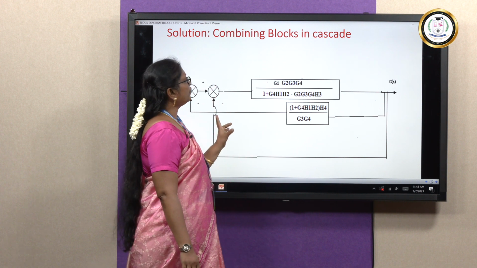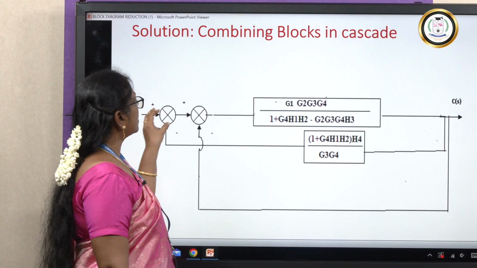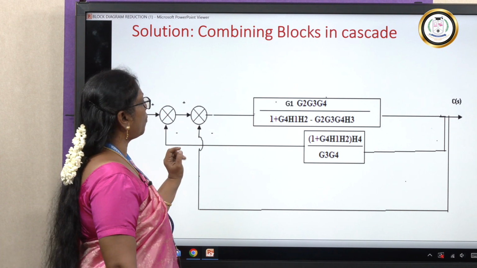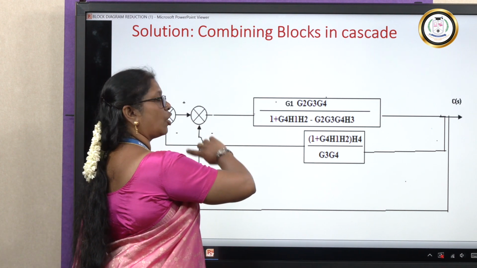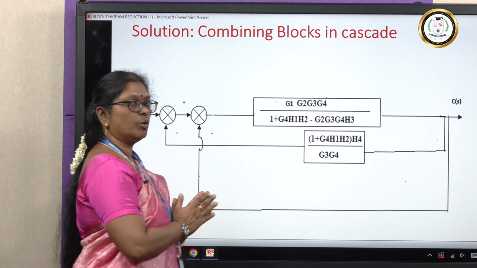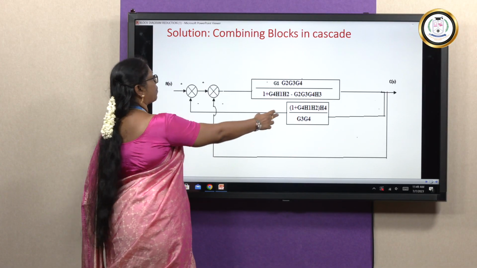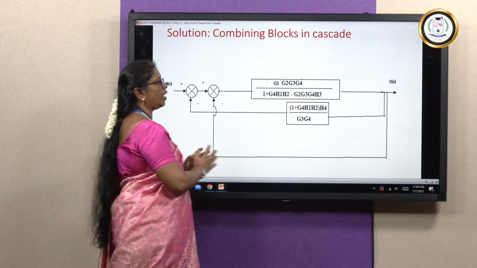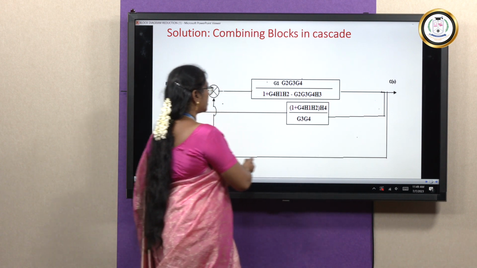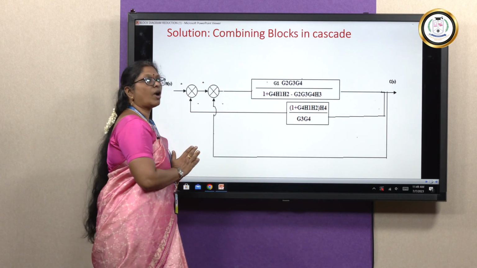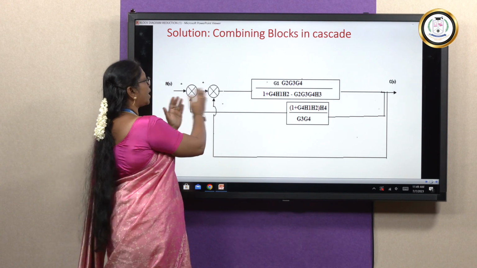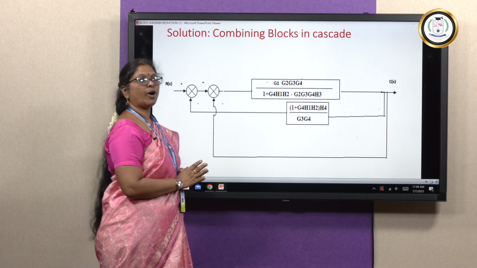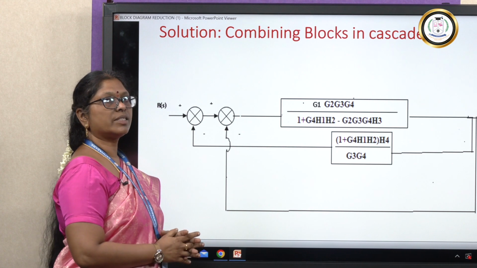Okay. Now, if you see here, these two summing points, we cannot eliminate this feedback loop because this summing point is over here. Okay, whatever is coming to this summing point is over here. So, what can I do? I can interchange these summing points.